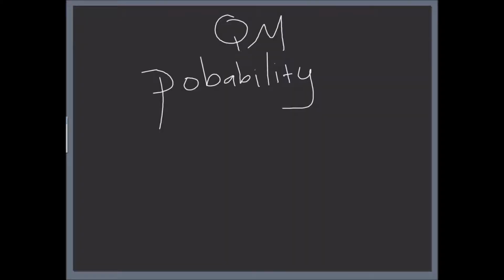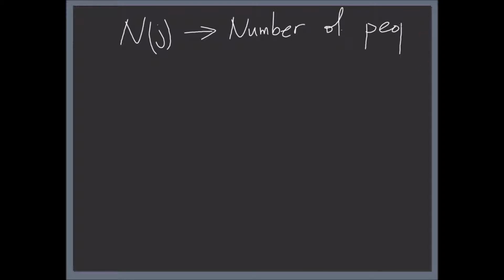So let's lay things down. Let's suppose for the moment that N of j is the number of people in the room with age j.